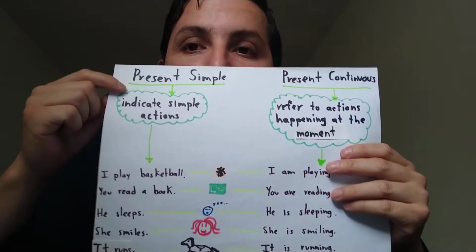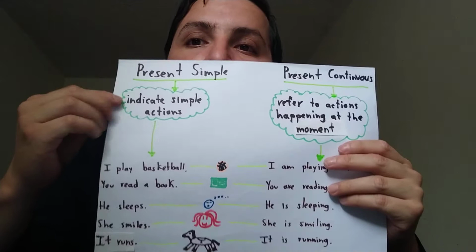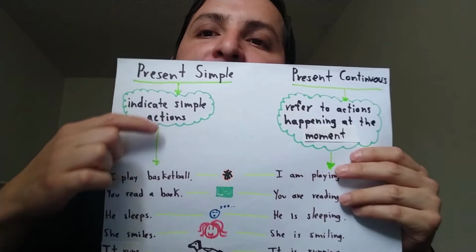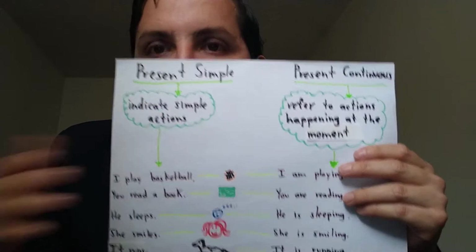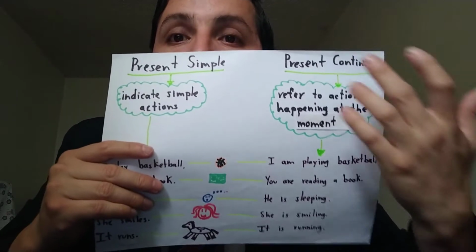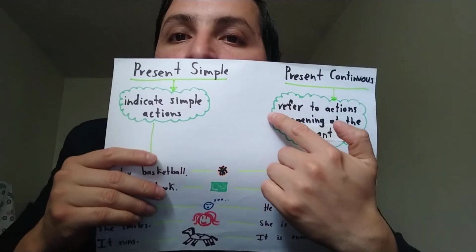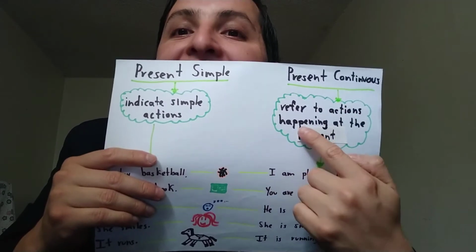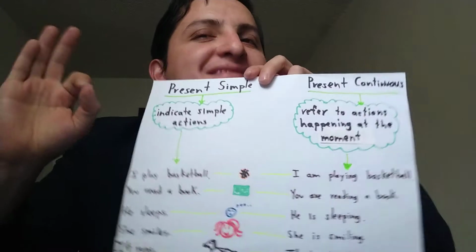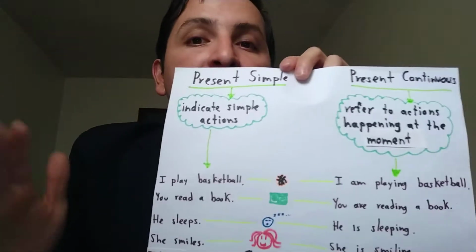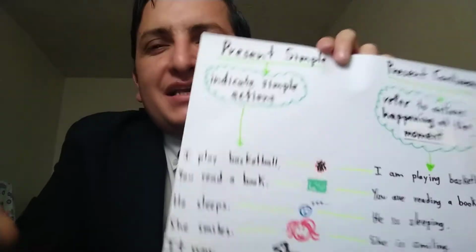Now, present continuous is used to indicate simple actions. All right? And present continuous is used to refer to actions happening at the moment. It's similar, but it has different ways. It's like saying the same, but in a different way.